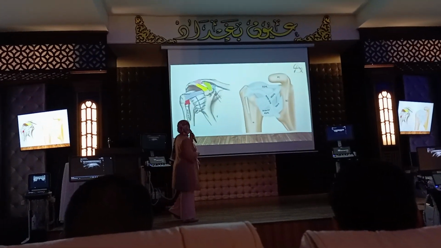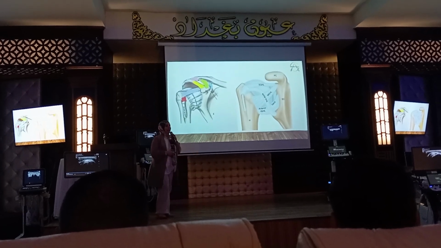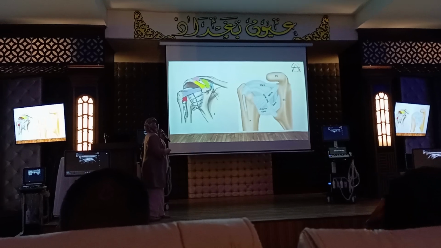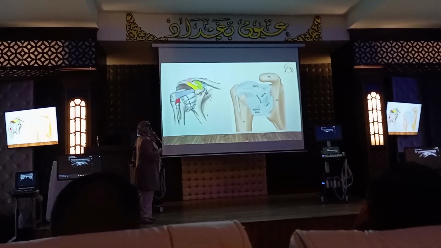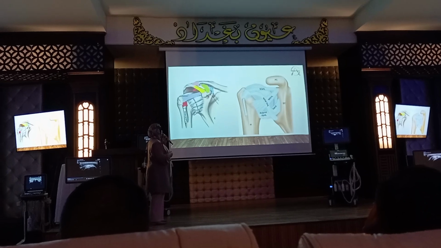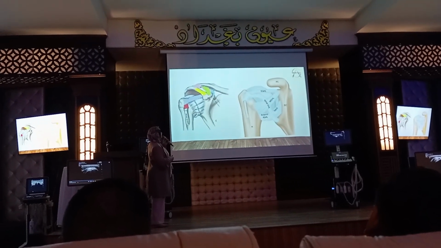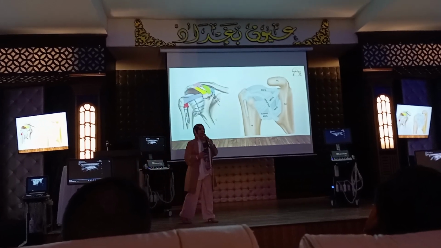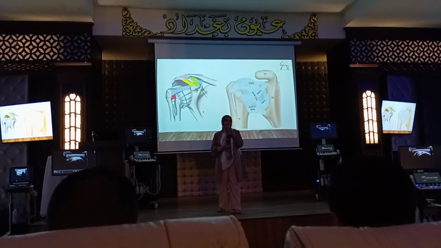Now go to the ligaments. The most important ligament in the anterior compartment of the shoulder joint, number 1, is the coracohumeral ligament. It is between the coracoid process and the humerus. This is very important. Why? Because the thickness of this ligament can cause impingement of the subscapularis muscle.